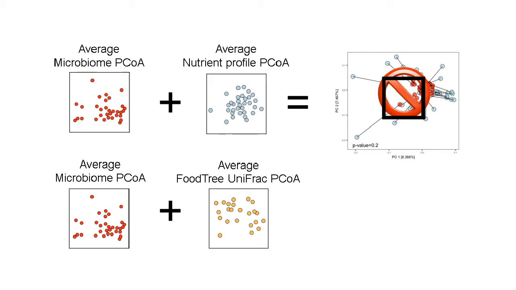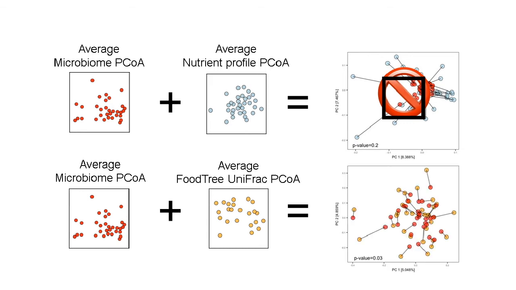Now we're able to apply it to diet. And when we take these two clouds and line them up, they actually lined up significantly. And this approach was the only way in which we were able to get a correspondence between a person's average microbiome and a person's average dietary intake.